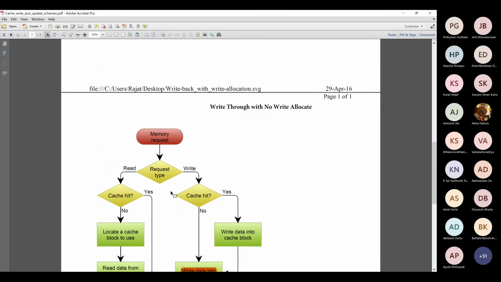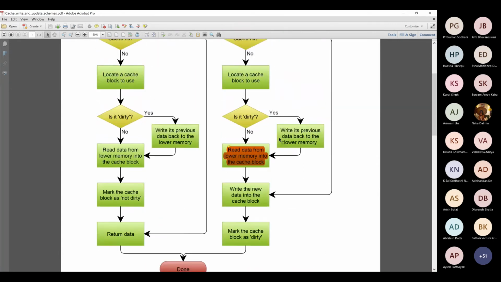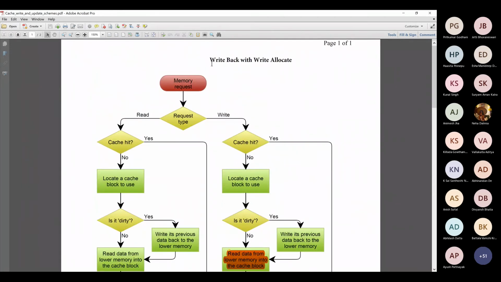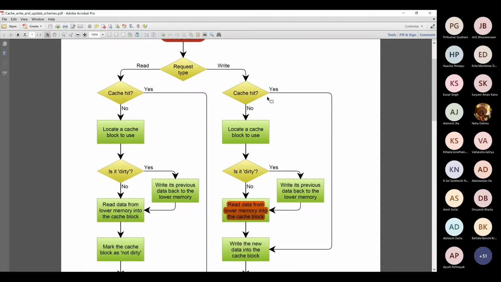So this combination of write through on write hit and no write allocate on write miss is one combination. The second combination that is common is write back with write allocate. Write back when write hit, write allocate when write miss. Let us come to it.